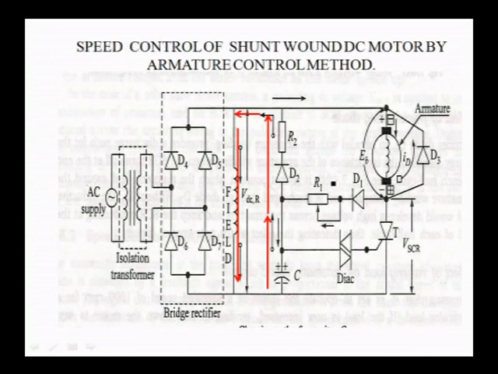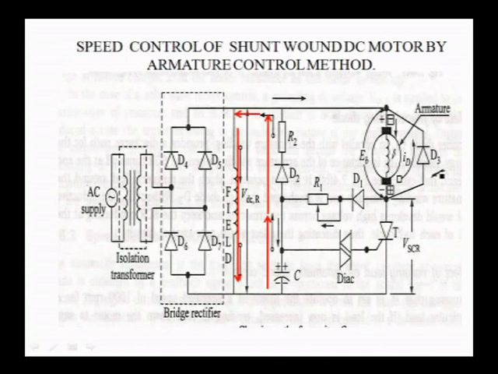When the SCR is off, the energy stored in the inductor is bypassed through D3, which is called the feedback diode.